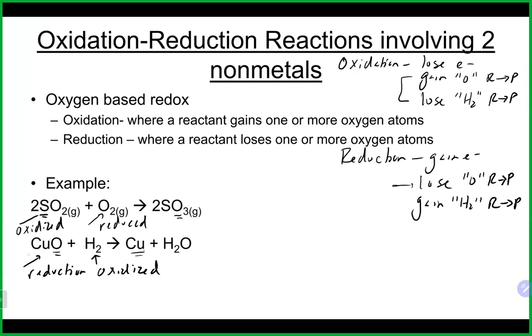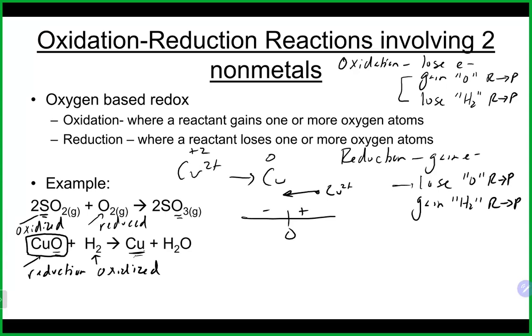The copper on the left-hand side is copper 2+. On the right-hand side, that is copper with no charge. So it's going from +2 to 0. So if you did your number line, where your copper is starting at +2 and ending at 0, that is going in the negative direction and is reduced, which is what we got there as well.